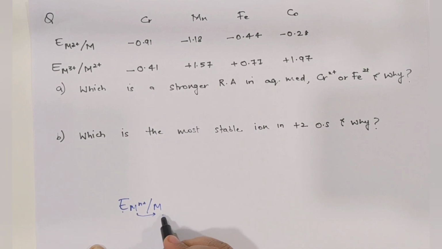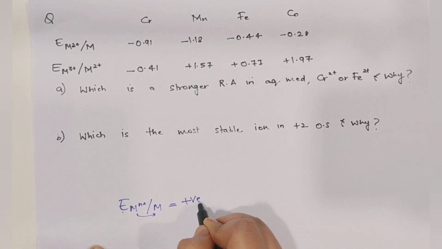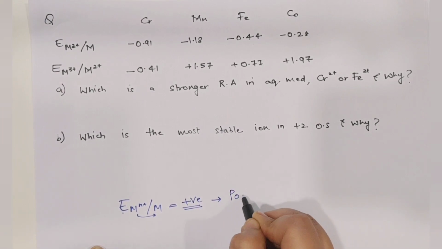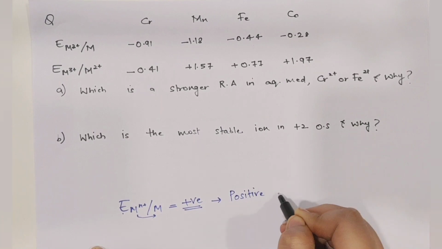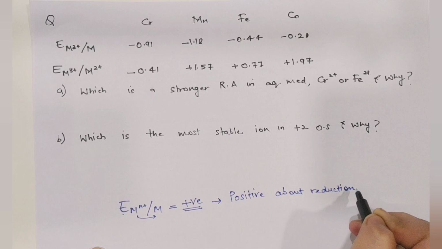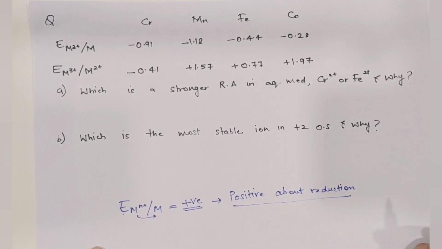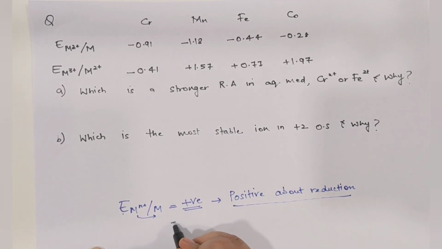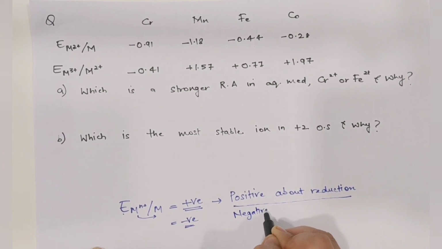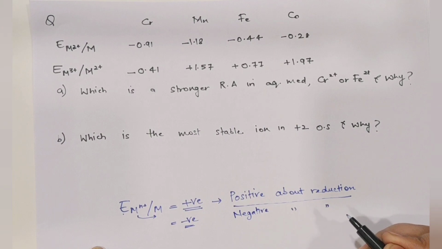So if the reduction potential is positive, that metal is feeling positive about reduction. That means it's likely to get reduced. If it's negative, that means it feels negative about the reduction, so it's not likely to get reduced.